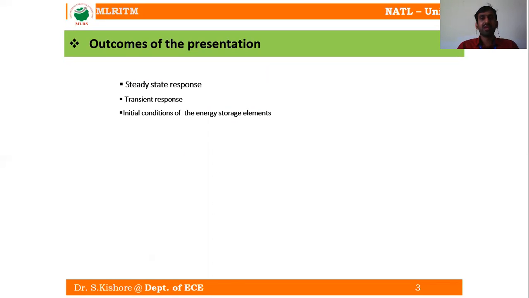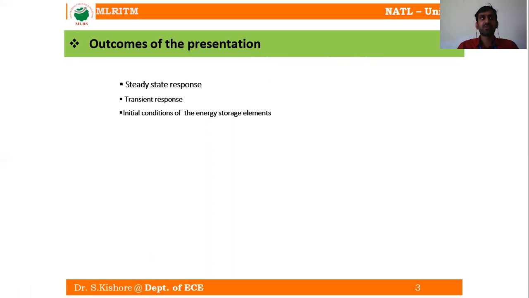As we are going to deal with the transient behavior of RL and RC circuits, we are going to estimate the initial conditions of different energy storage elements. So what are the energy storage elements here? If I speak with respect to the RL circuit, the energy storage element is going to be the inductor.